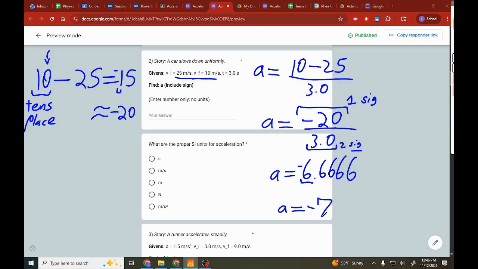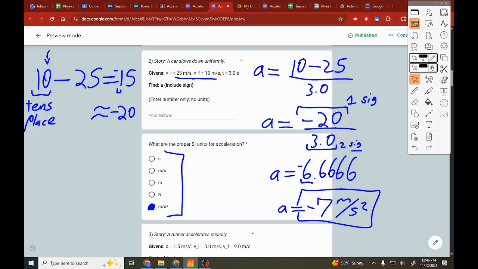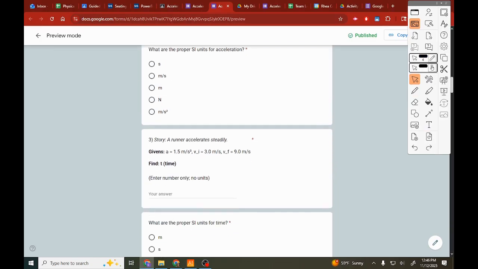That'll round up to 7 meters per second squared. And there we are. So once again, I'd put meters per second squared. Now, one thing to watch out for on the exam, these orders will be mixed up from question to question, so you actually have to pay attention to what you're clicking, otherwise you're going to lose some easy points. Moving on to the next.